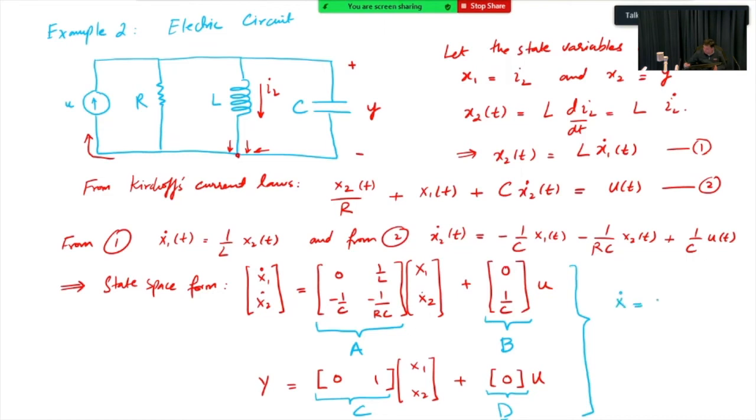In general, you will say x dot equals Ax plus Bu, and y equals Cx plus Du. So D here is 0, and the matrices A, B, C are labeled. So this is the state space representation.